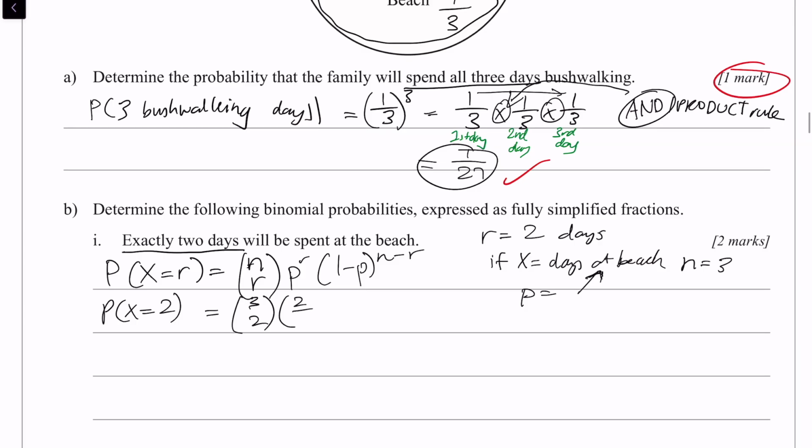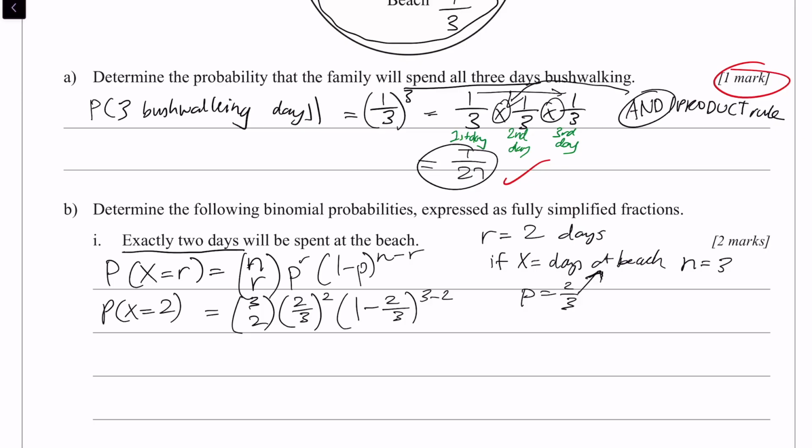Okay, so it's 2/3, and I want that to be 2 days, so I'm raising it to the power of 2, and then 1 minus 2/3 raised to the power of n minus r, which is just 3 minus 2. Okay, over there. So I can put this in my formula.